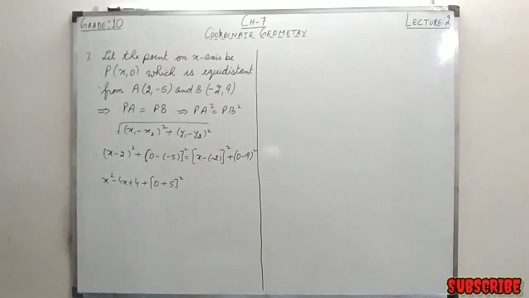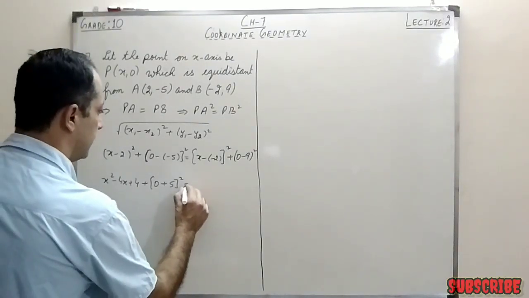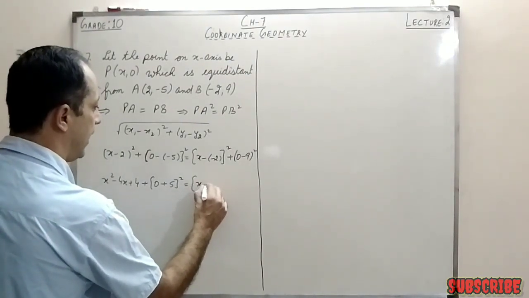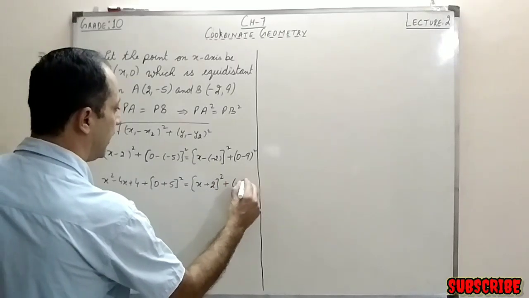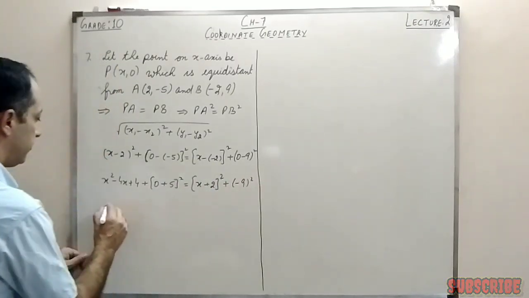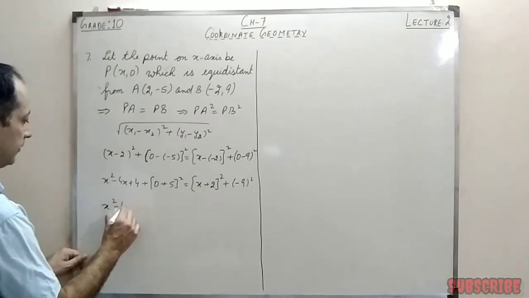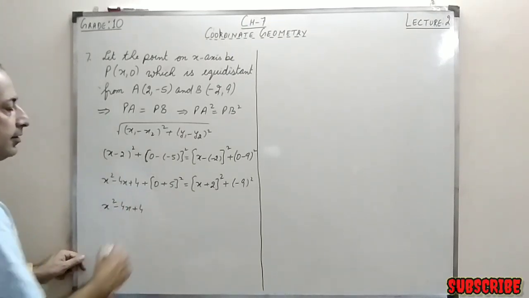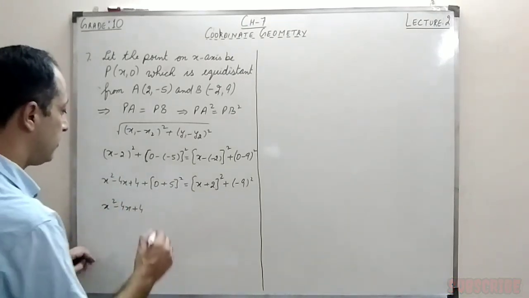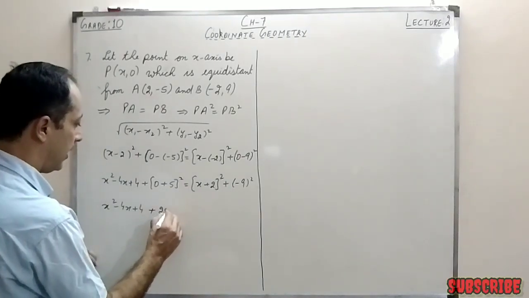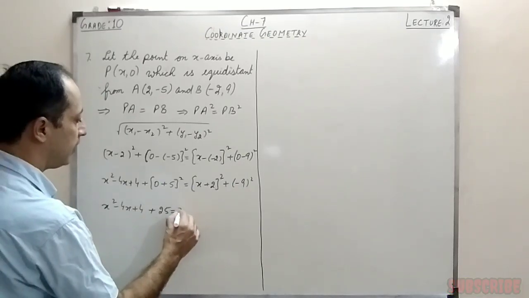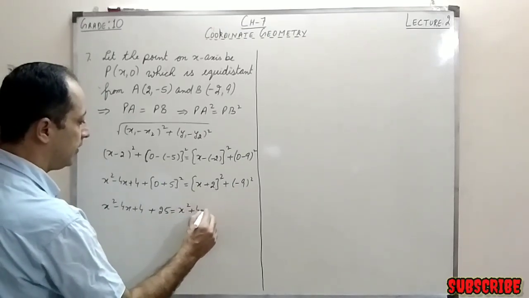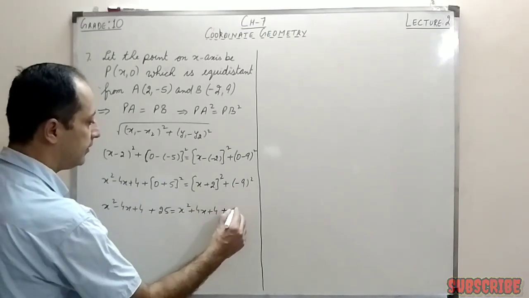On the right side, we open the bracket: (x plus 2) whole square plus (minus 9) whole square. Now this will be x square minus 4x plus 4, and inside the bracket is 5, so 5 square is 25. And on the right side, if I apply the identity of (a plus b) whole square, it will be x square plus 4x plus 4, and this is 81.